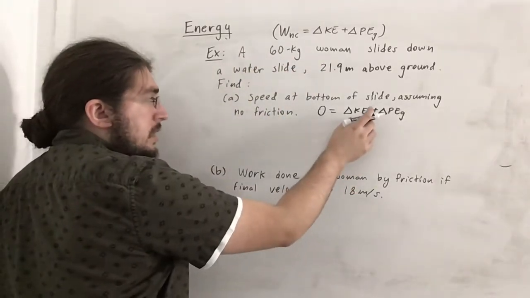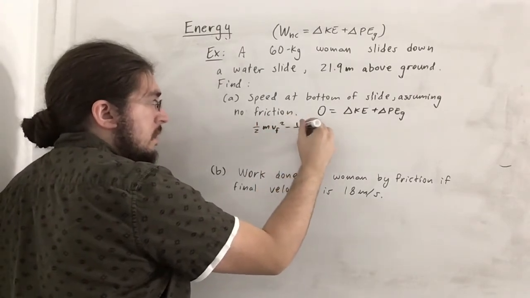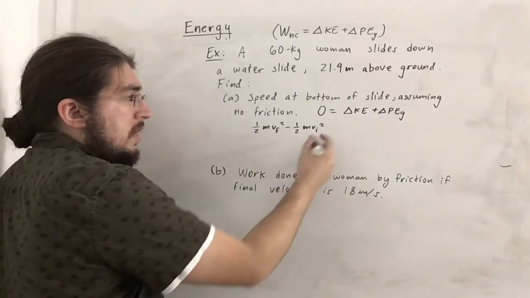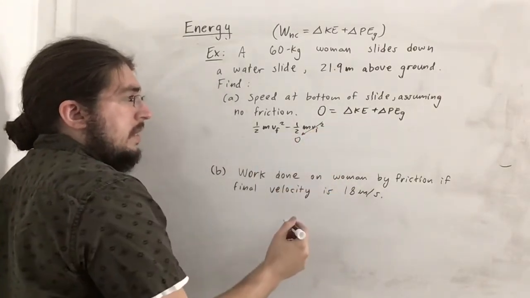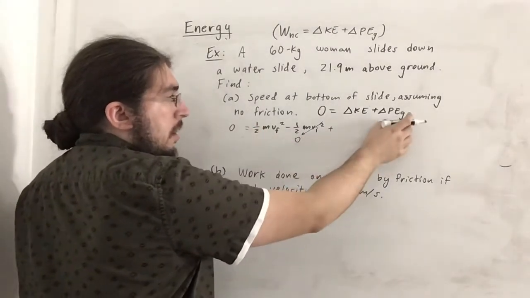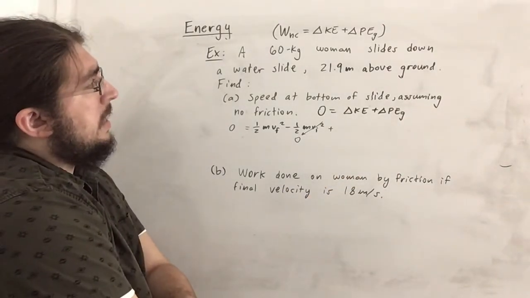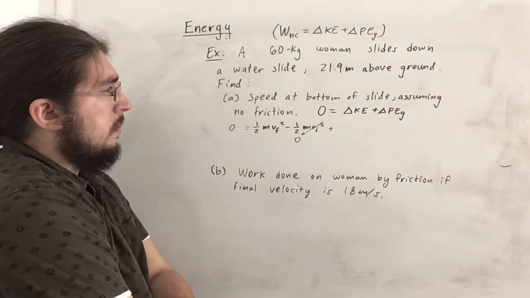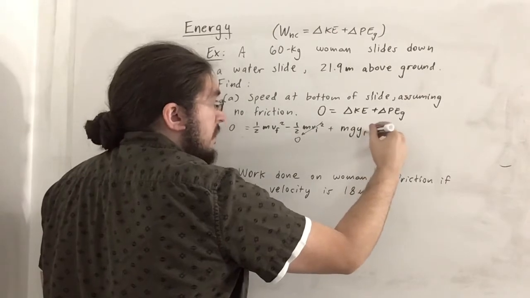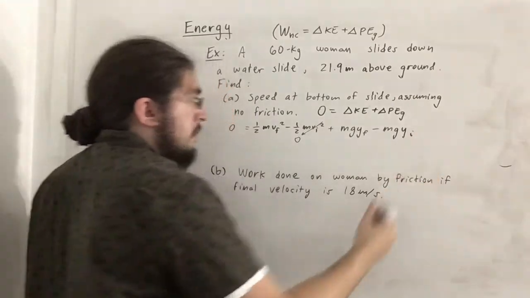Notice that delta KE is 1/2 m Vf squared minus 1/2 m Vi squared. Our initial velocity here is 0, so we don't really care about that. This is equal to 0, plus the change in potential energy, which is mg yf minus mg yi.